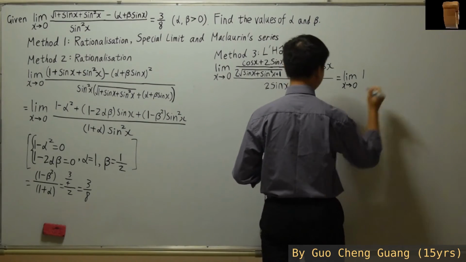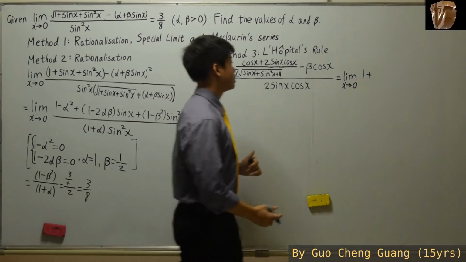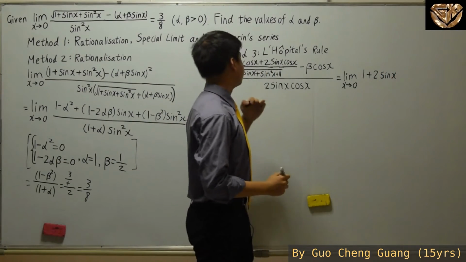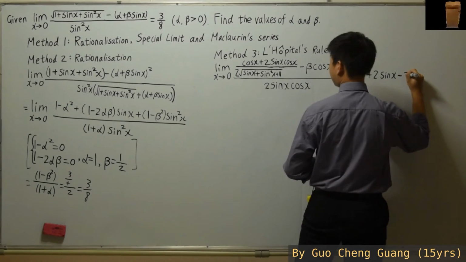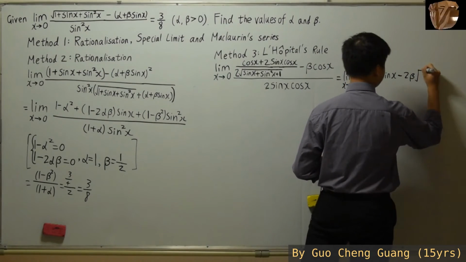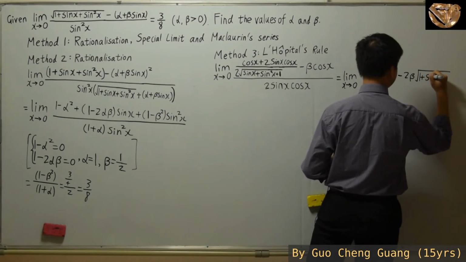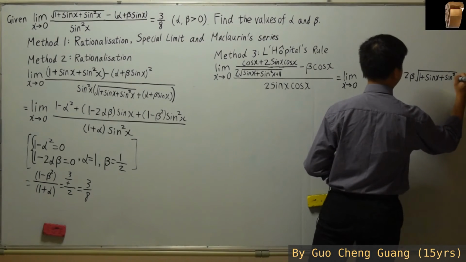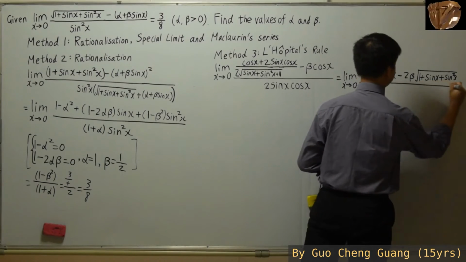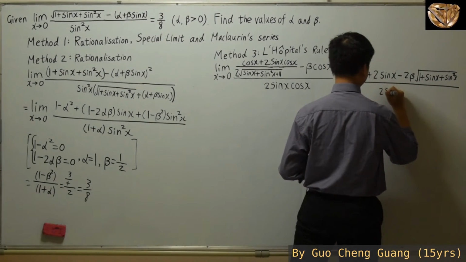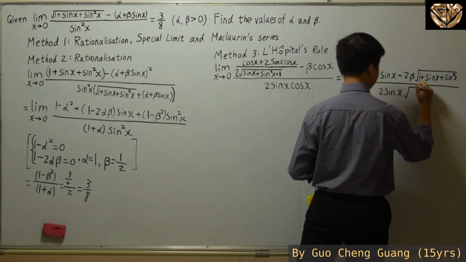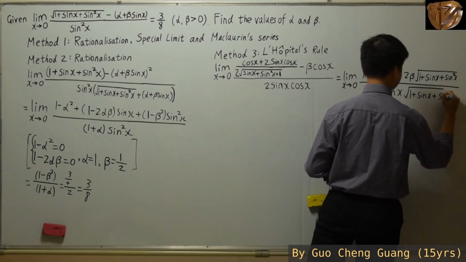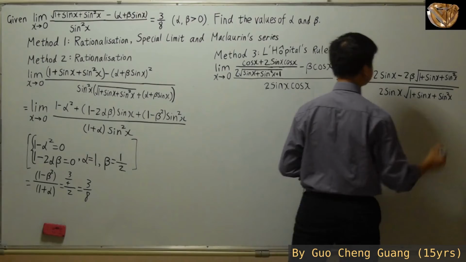Cosine becomes 1 plus 2 sine x cosine x becomes plus 2 sine x, and then you have to minus 2 beta square root 1 plus sine x plus sine square x, and the entire thing is divided by 2 sine x square root 1 plus sine x plus sine square x.